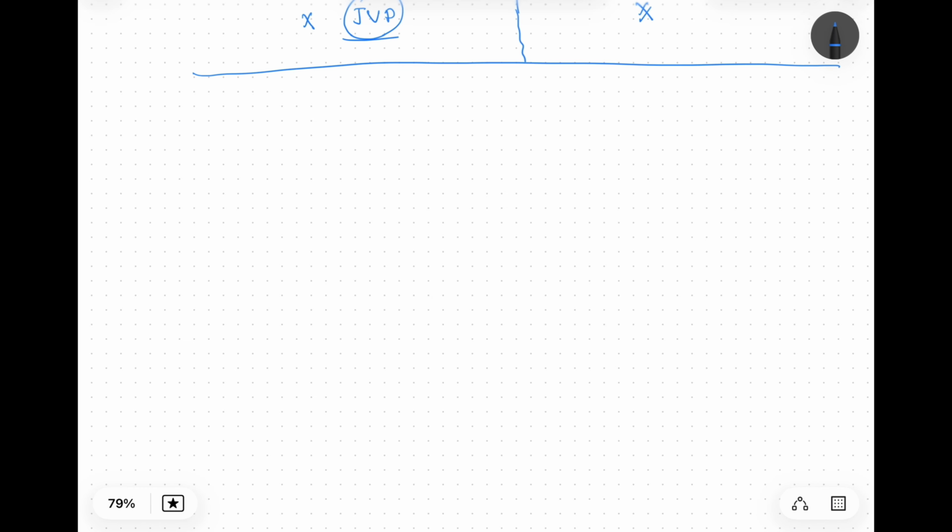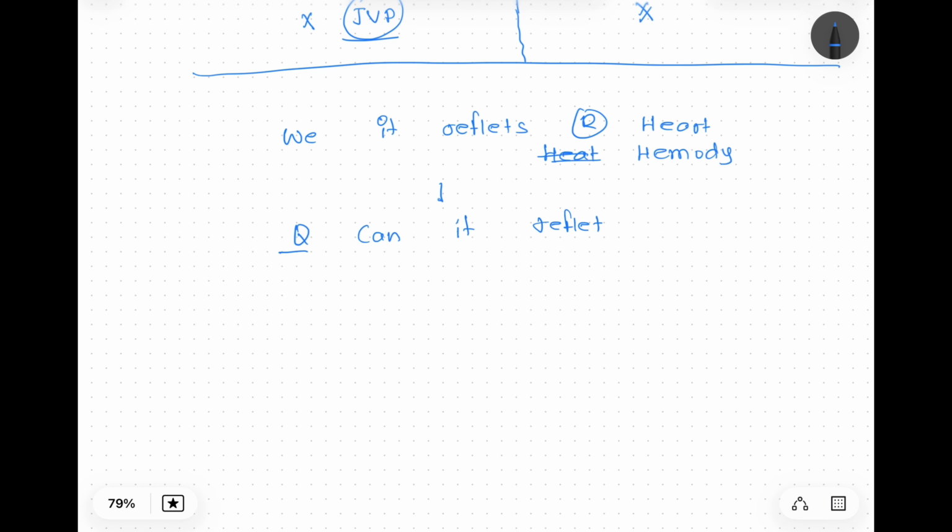Now my next question is, we already know that it reflects right-sided heart hemodynamics. So can it reflect left-sided heart pressure or hemodynamics?